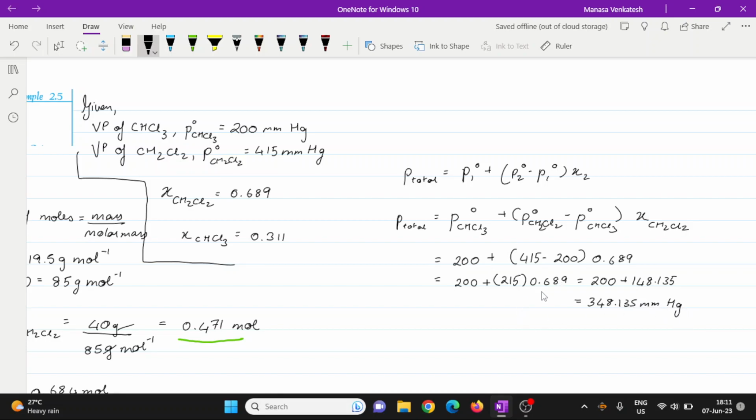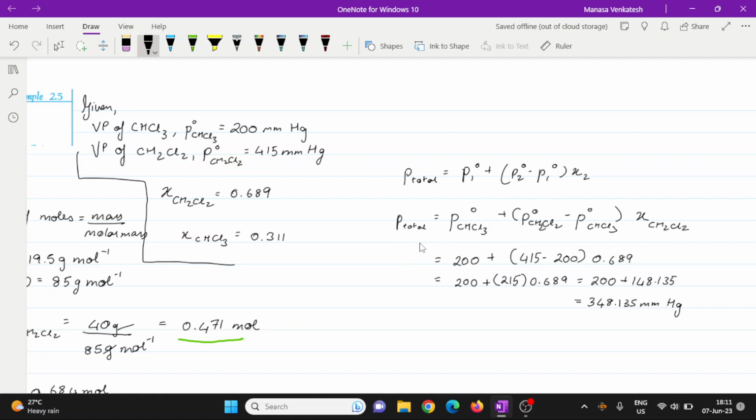And the reason I didn't talk about units much for this one is because you have all your units of pressure in mmHg throughout, and the mole fraction is not going to have any units.